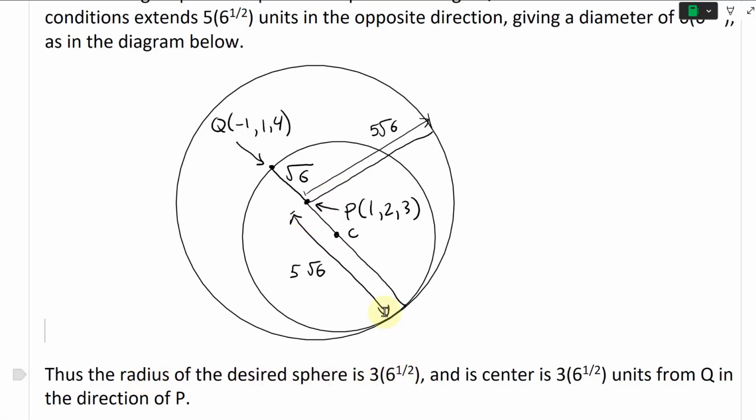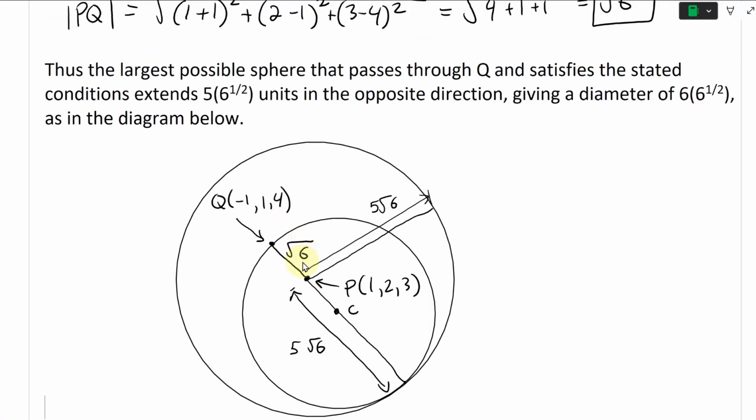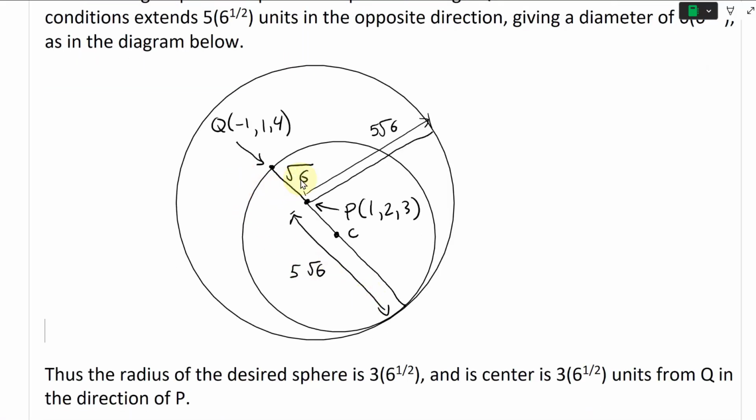Actually, I forgot to go over that, but basically we can solve this because this distance right here is square root 6. I'll move this over here so you can see it better; from here to here is square root 6. So in other words, this r right here is the one we want.